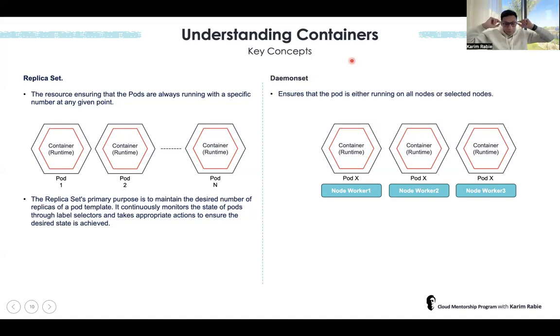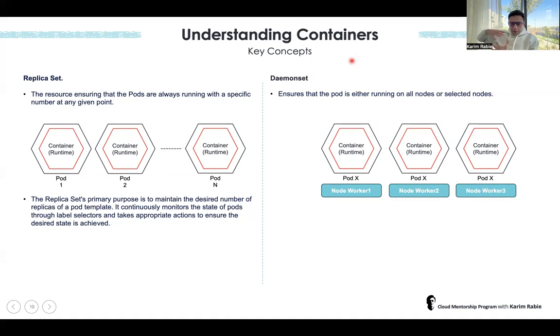Another concept, which is a daemon set. If you define in the template that this pod is a daemon set, then most probably you want this pod to be instantiated on all the nodes. So if we think that a Kubernetes cluster may consist of control plane and workers, workers are similar to the compute node.